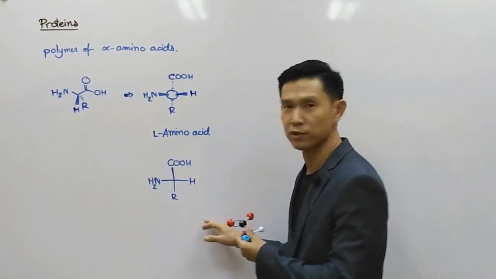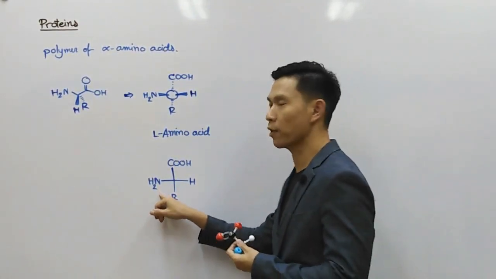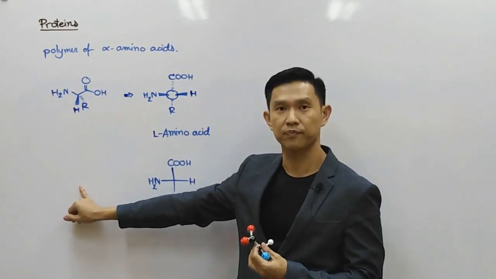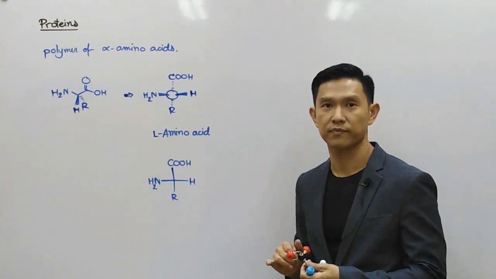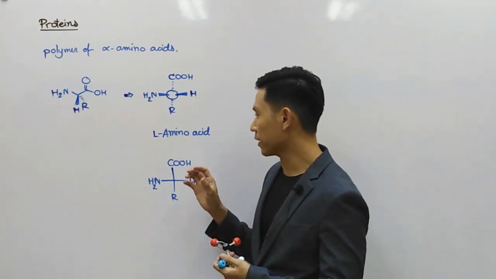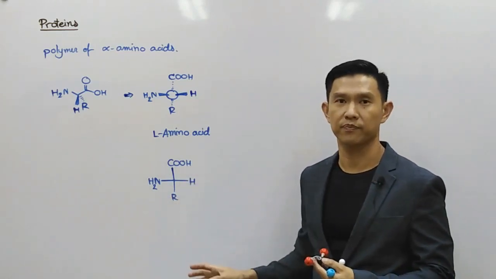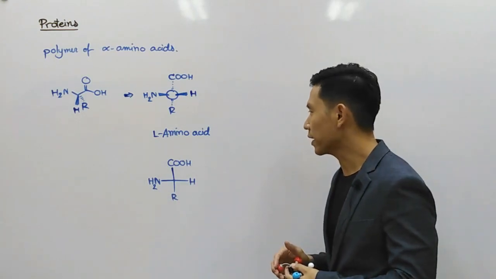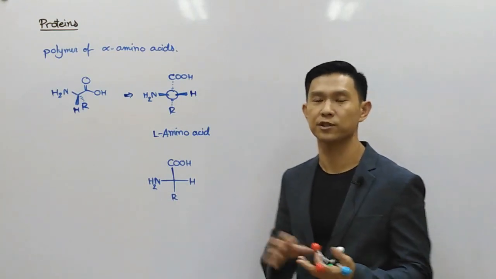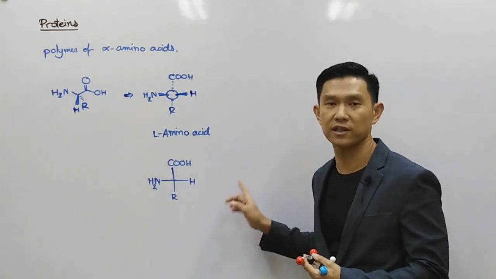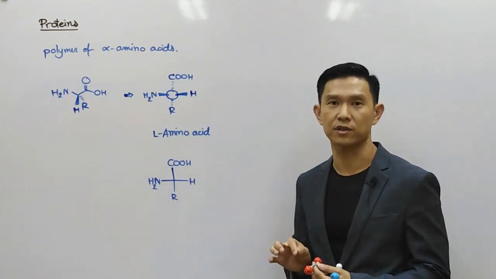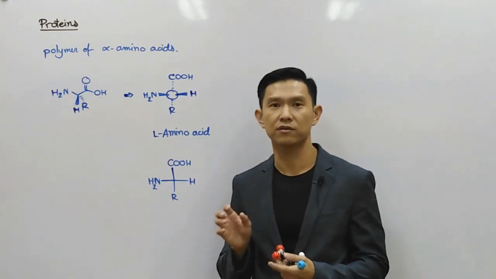So in the Fischer projection, the NH2 is pointing towards the left hand, so we call this an L amino acid. And this is predominant in nature. Somehow we can see some special amino acids where NH2 is pointing toward the right hand, and this is called a D amino acid, which is very simple.